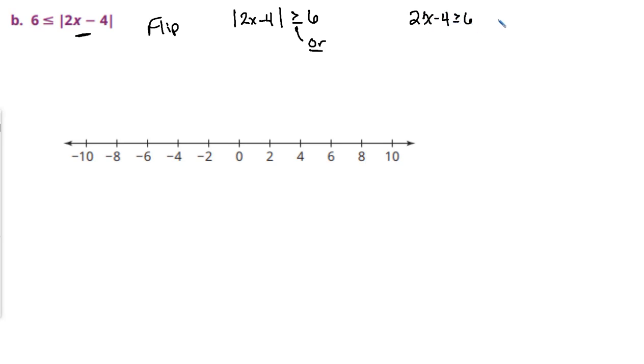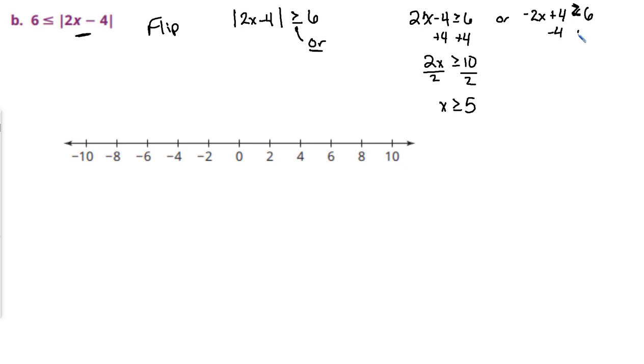It's greater than or equal to 6, or, opposite signs, negative 2x plus 4 is greater than or equal to 6. And so we add the 4, we have 10, divide by 2, x is greater than or equal to 5.